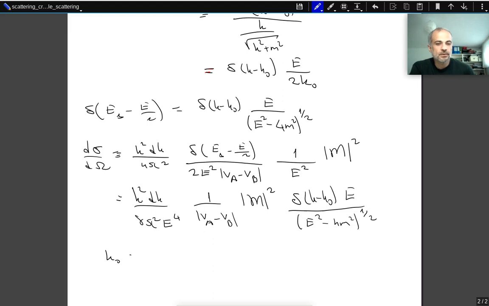And remember, k0 is the square root of e squared minus 4m squared, divided by 2.